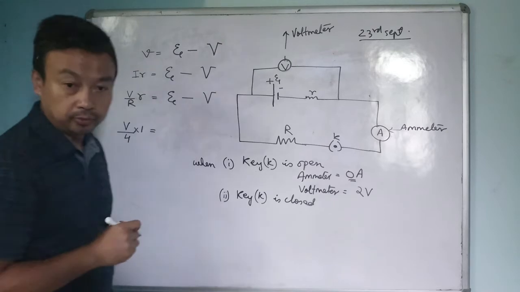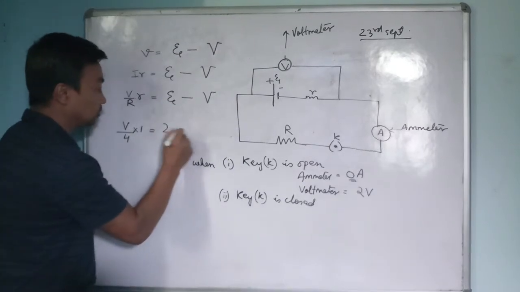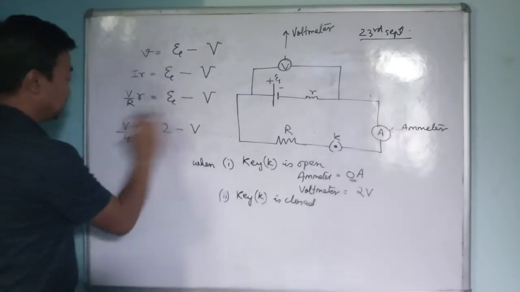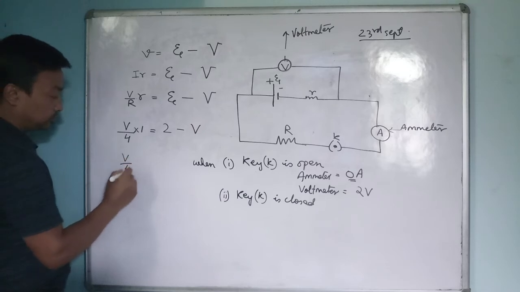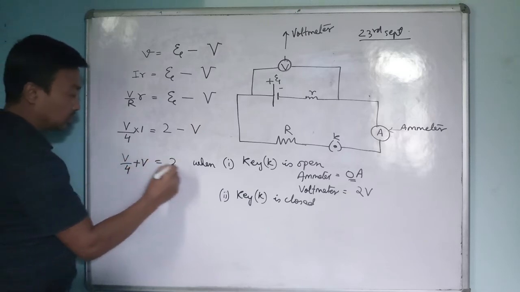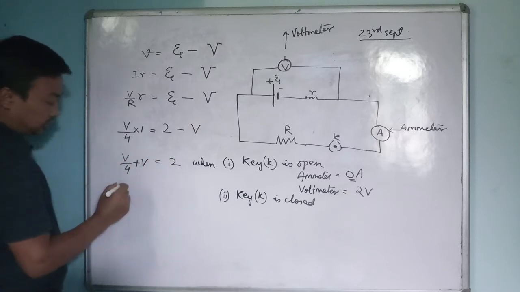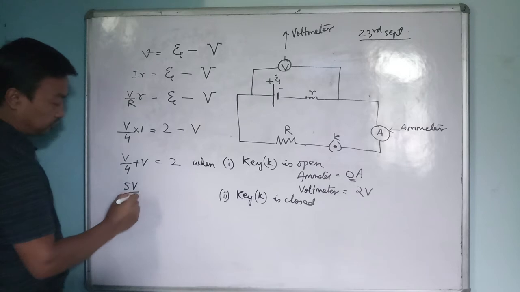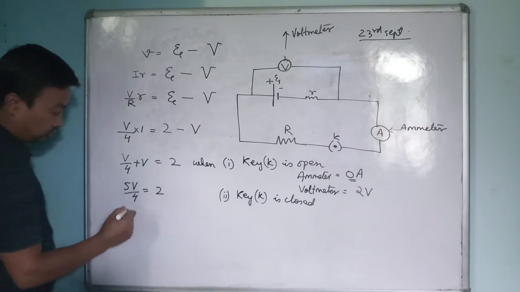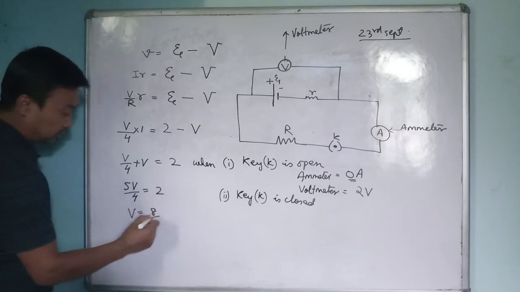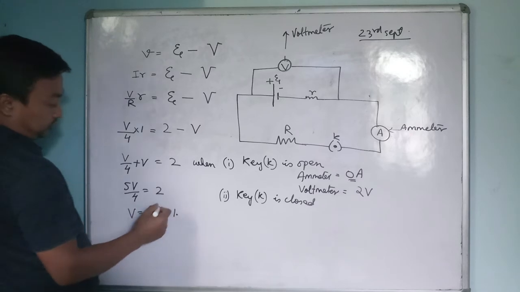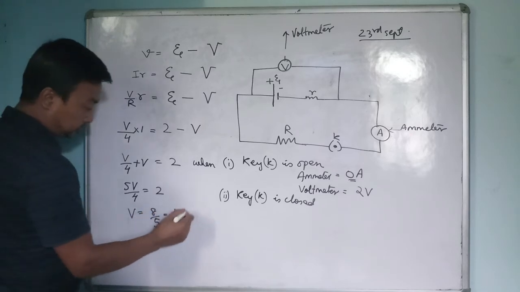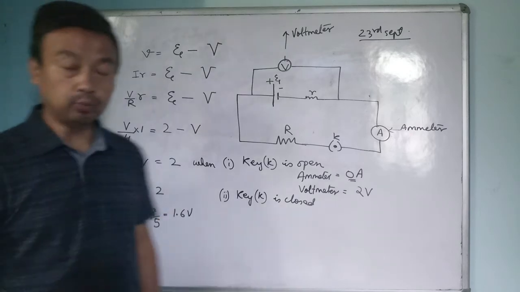EMF is given to you, 2, minus V. So this V we can find here by doing the cross multiplication. If you take this LCM, you will get 5V by 4. So if you cross multiply, you will get 8 by 5. That's 1.6 volt.